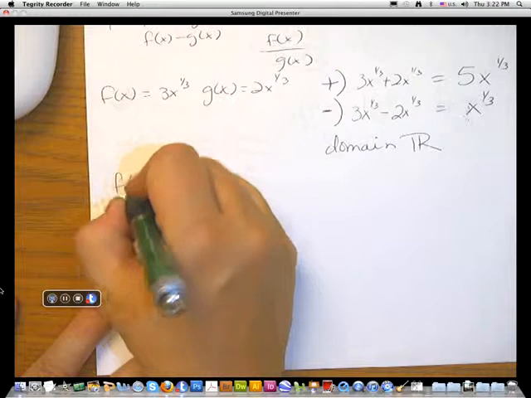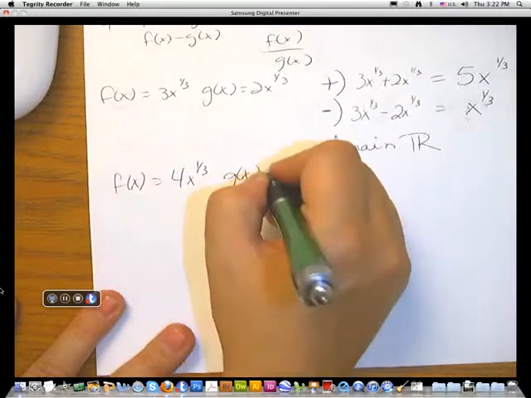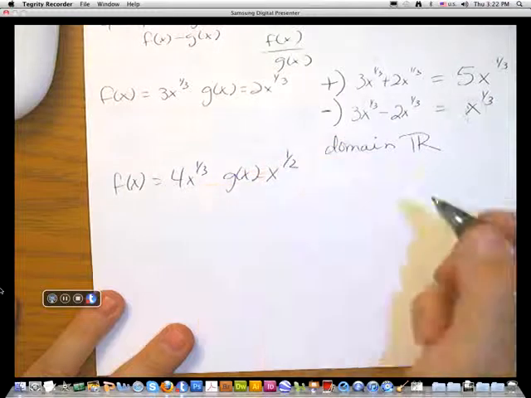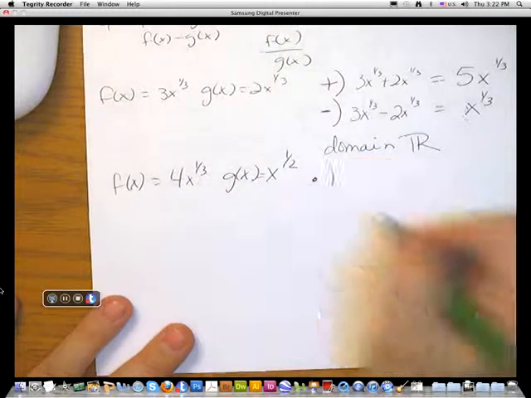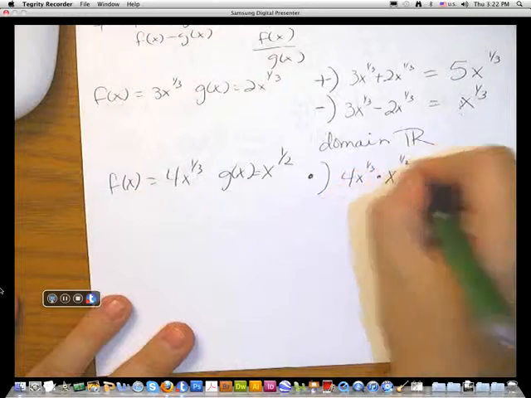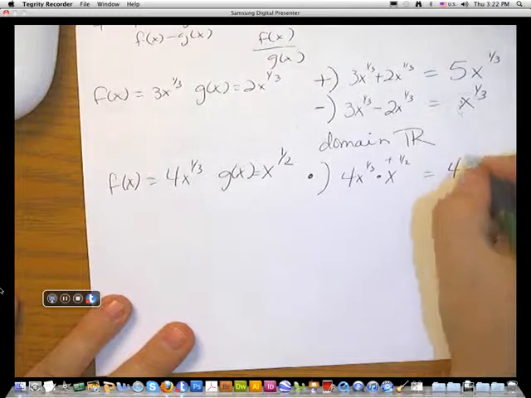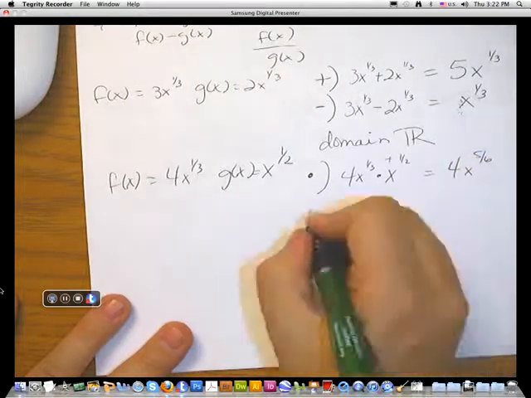Okay, let's look at f of x is 4x to the 1/3 and g of x is x to the 1/2. If I ask you to multiply them, you would say 4x to the 1/3 times x to the 1/2 is 4x, add your exponents, 5/6.